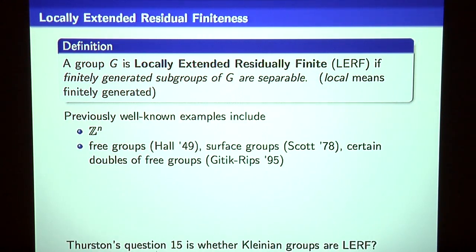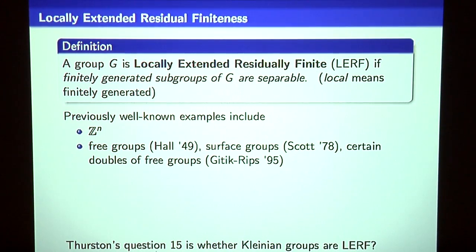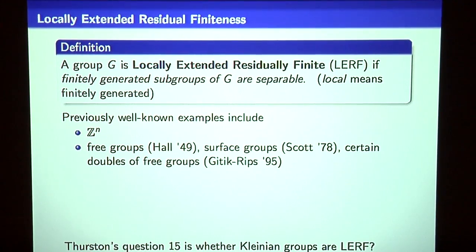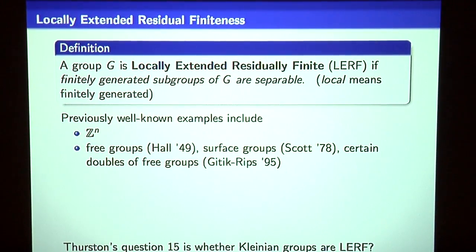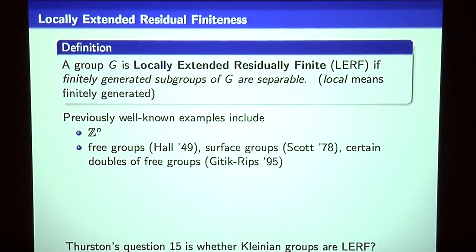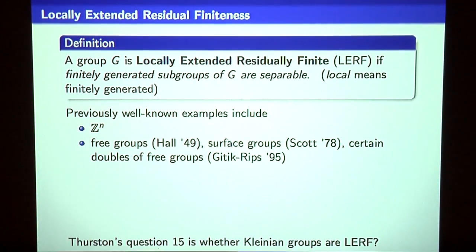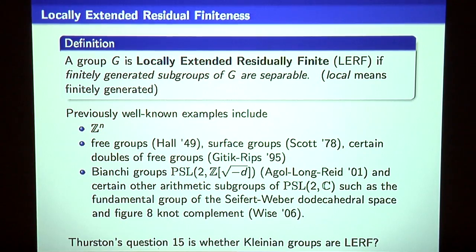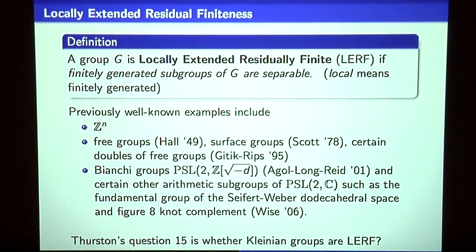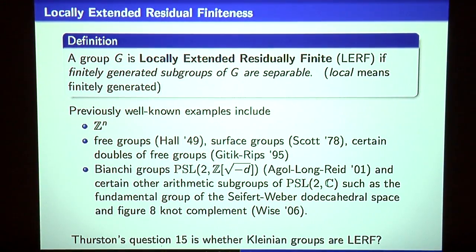So previously well-known examples include free abelian groups, free groups, which was proven by Hall in '49, surface groups, proven by Scott in '78, and then certain doubles of free groups were considered by Zhidek and Rips in '95. I'm not going to explain precisely what the category was there. The Bianchi groups were proved by myself, Long, and Reid in 2001 to be LERF.